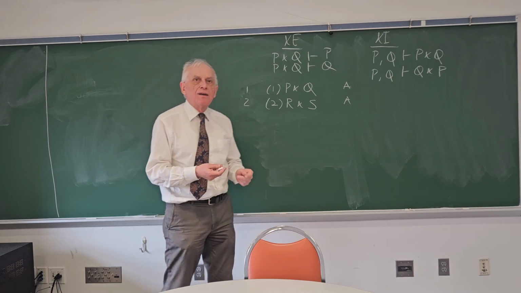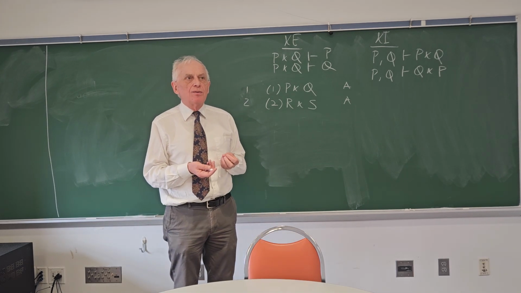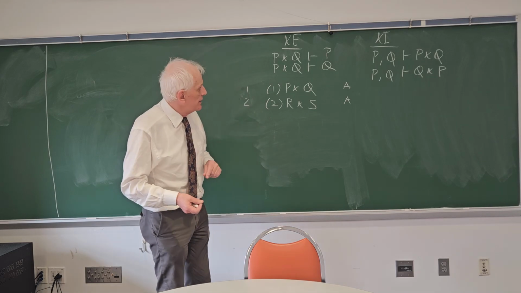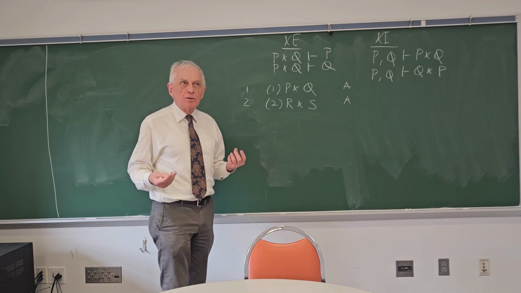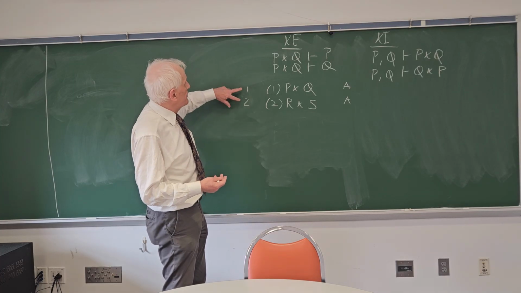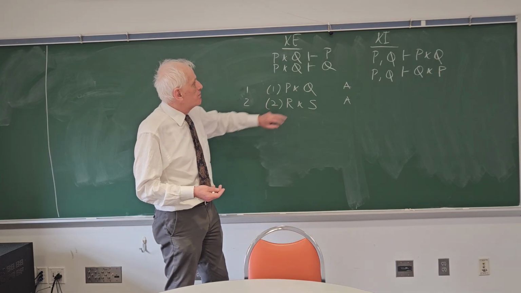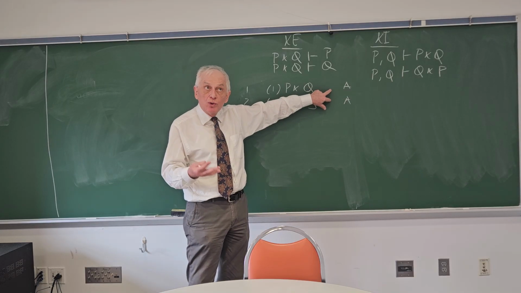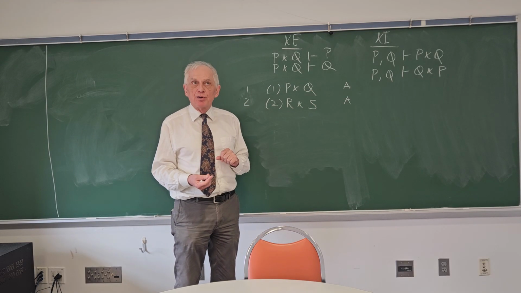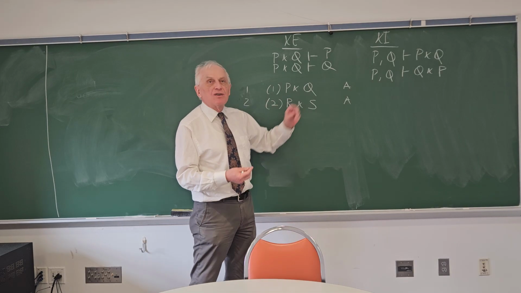I uploaded a Word document to the Brightspace page which goes through the structure of the proof, so you might want to look at that. But this is the same for all proofs that we do. We number the lines, we keep track of the assumptions on this side, and over here we write the rule by which the sentence on that line is proved. Well, in this case it's not proved, it's just assumed.